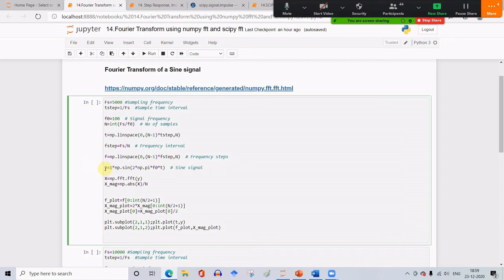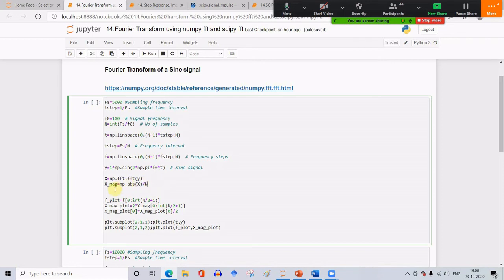Okay, and then this is the signal that I am taking to find the FFT of. To find the FFT of this signal, I am using the FFT function from np, that is NumPy. So that is given by np.fft.fft, and then the signal whose FFT you want to find. So this capital X will return a complex array consisting of the FFT of each of the points in this signal Y, which we are sampling from 0 to capital N in steps of this.